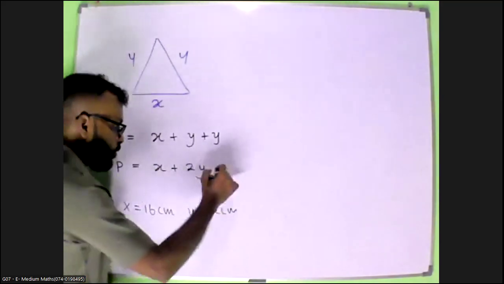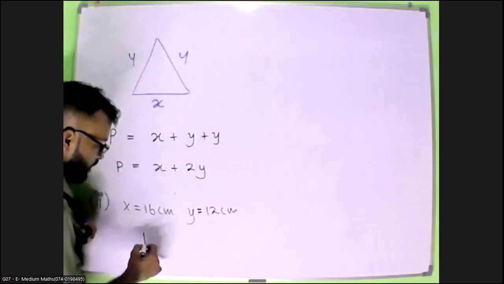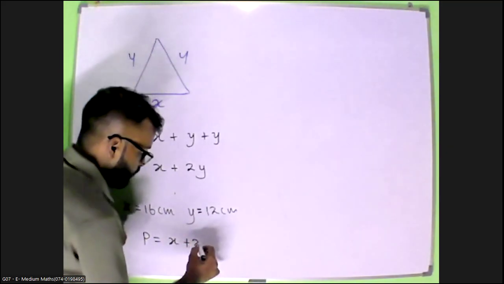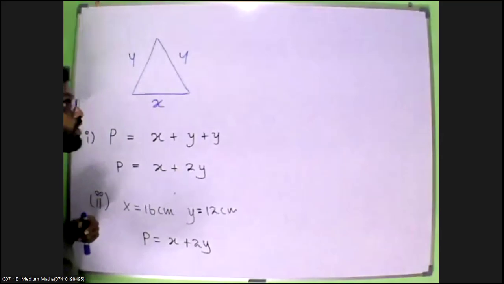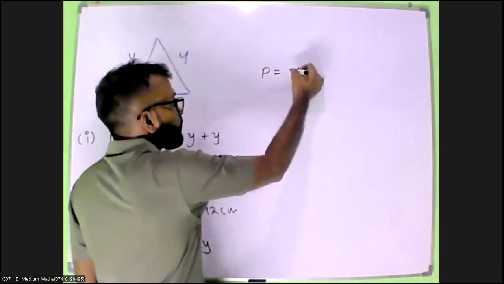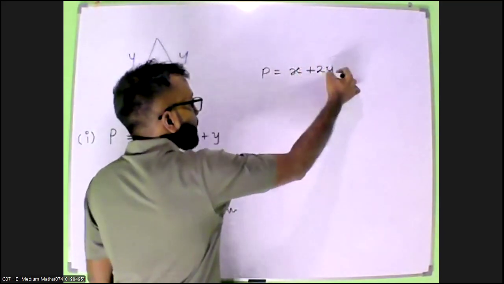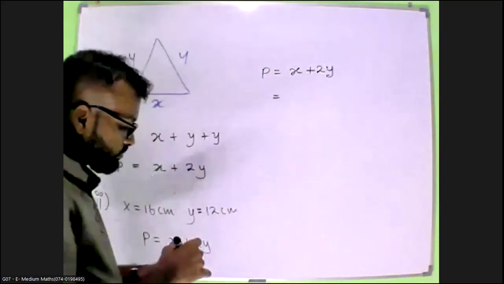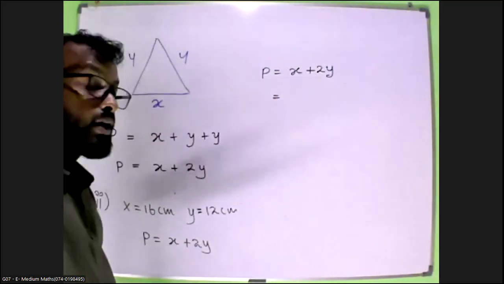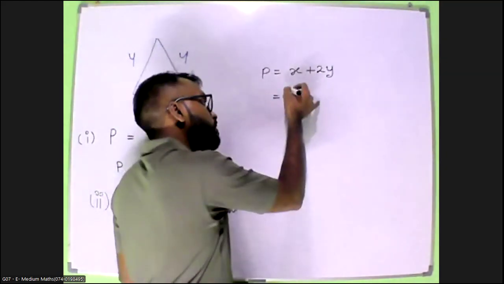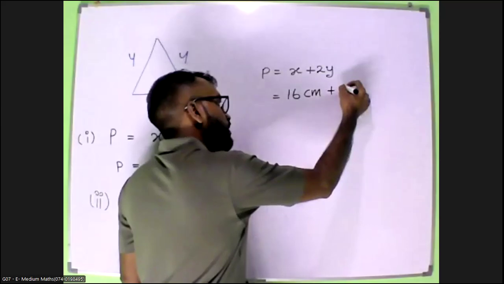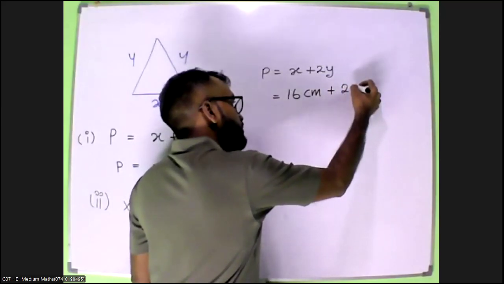So my formula is P equals x plus 2y. I will write it again. P equals x plus 2y. So I will write it here so you can understand. Equals, instead of x, I am going to substitute 16 centimeters, plus 2 times y.